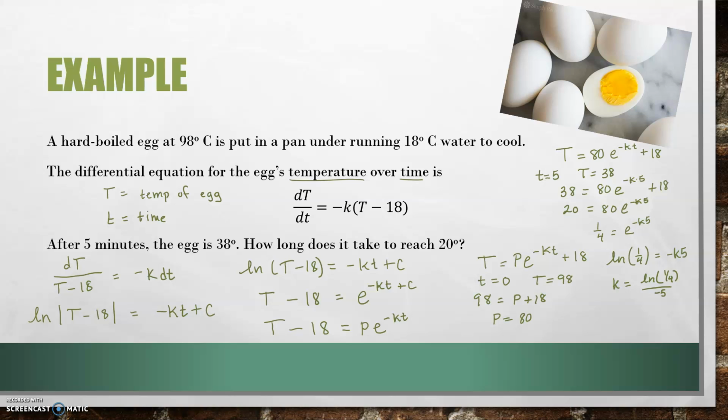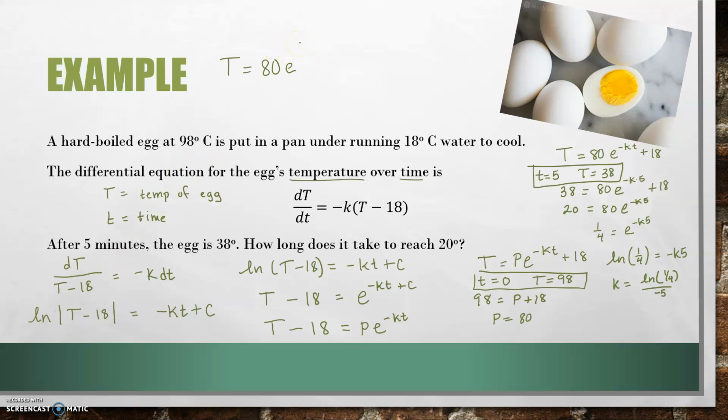Now we have the equation that we need. We used our initial condition to figure out P, and we used 5 minutes later to figure out k. Now we have the full equation. The temperature of the egg is going to be 80 e to the negative k, except we know k, so I'm going to fill that in.